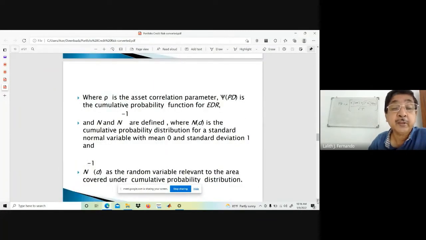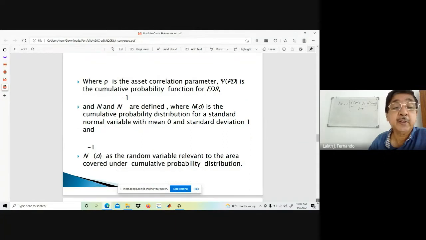Now you just look at it. Where rho is the asset correlation parameter, theta PD is the cumulative probability function for EDR.